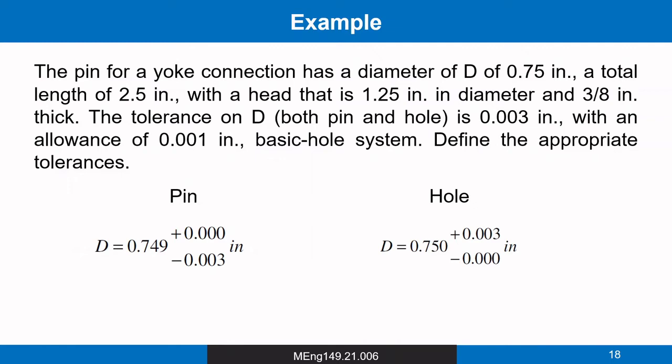So the expression of the tolerance is plus 0.003, and this is a unilateral tolerance, minus 0 here. Okay, so now we see the application of allowance and unilateral tolerance, as well as the meaning of the basic hole system.